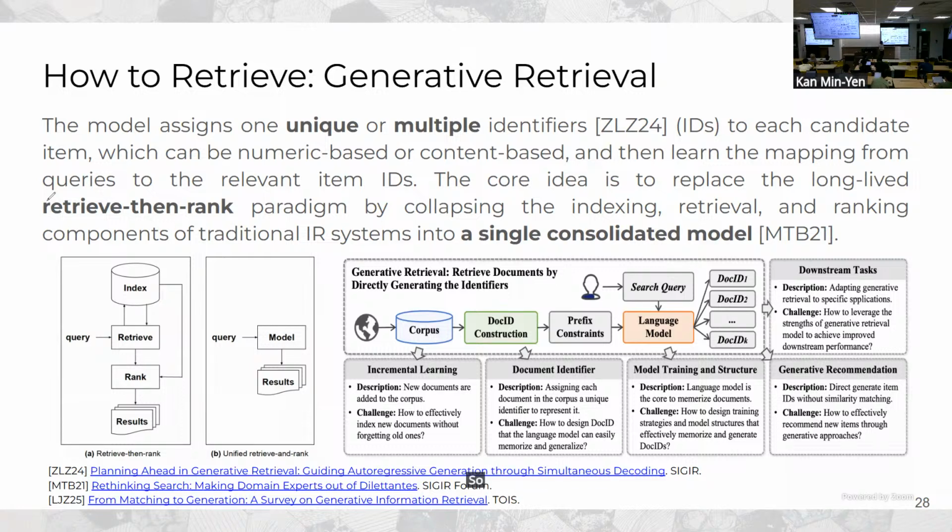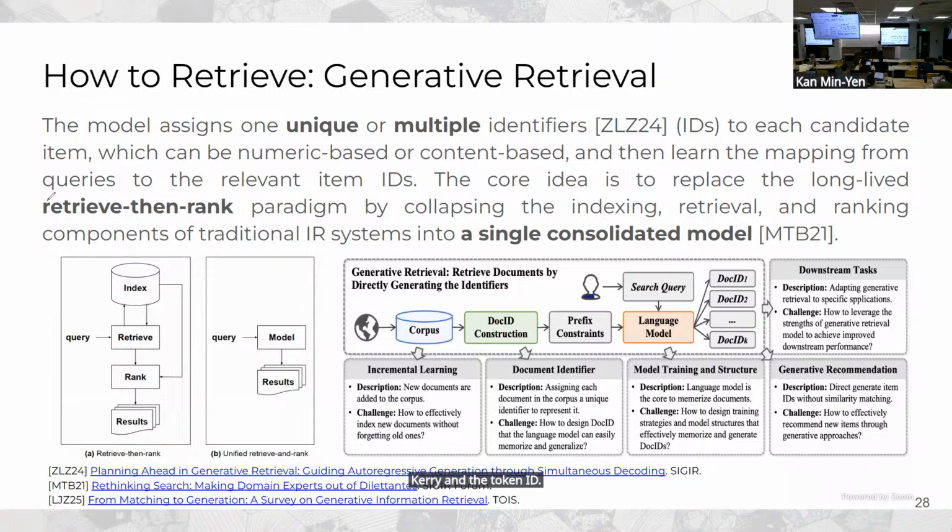When we learn the model, we learn the mapping between the query and the candidate results. When we use it to perform inference, that means when we perform the retrieval, given an input query, we directly generate the corresponding document ID. So the learning process is a kind of learning the mapping between the query and the document ID.